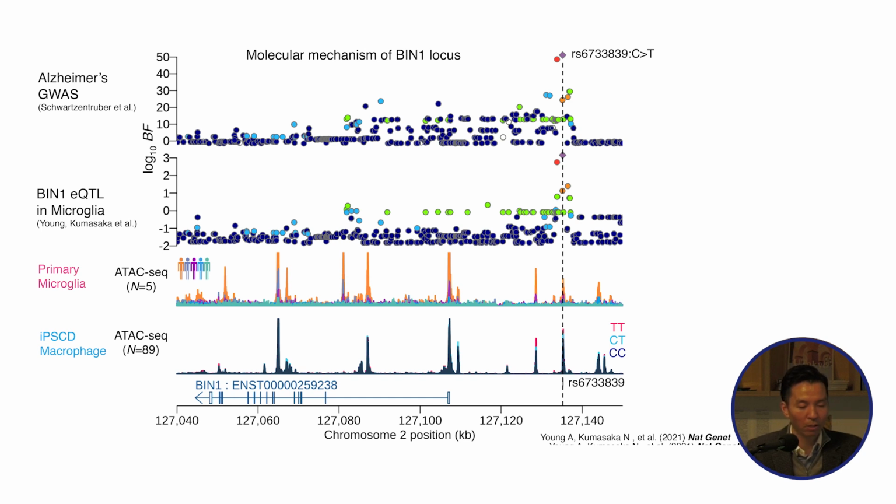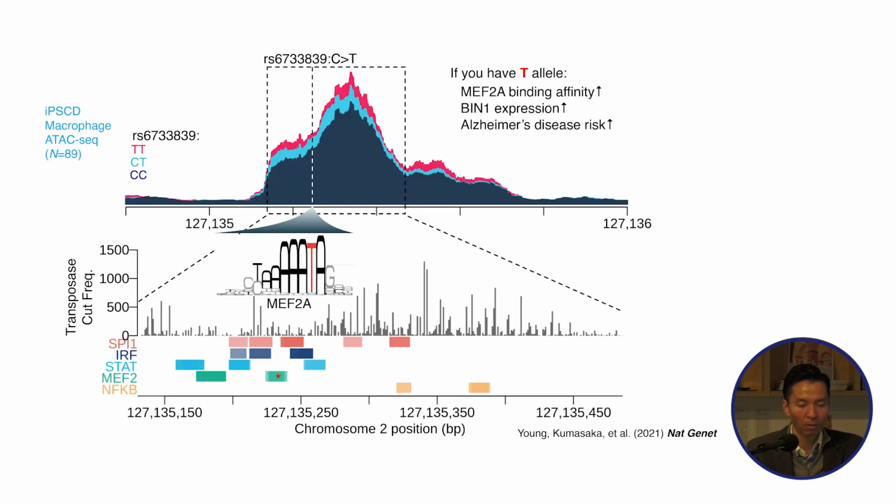89 macrophages from iPS cells, and we look at the genetic variation of chromatin accessibility between 3 different genotype groups at this top hit variant. And here the diagram shows chromatin accessibility segregated and averaged by the 3 different genotype groups.